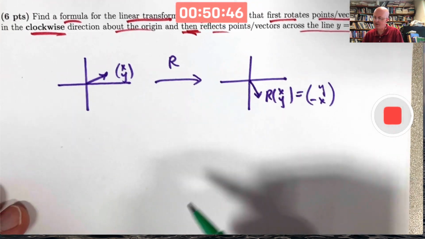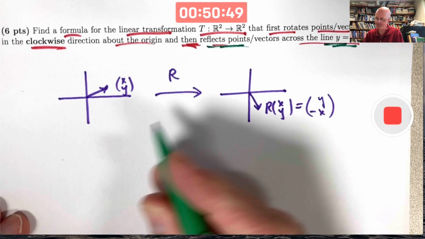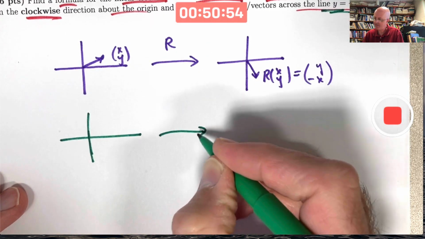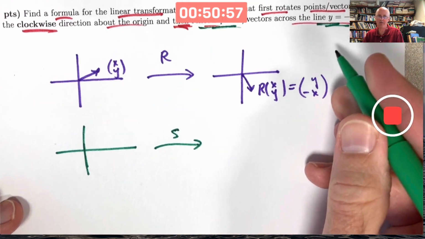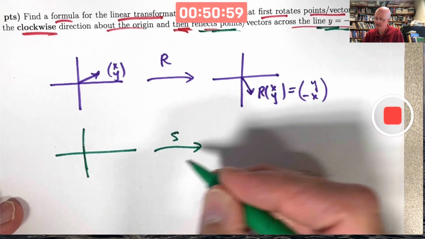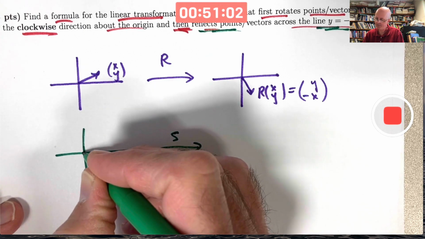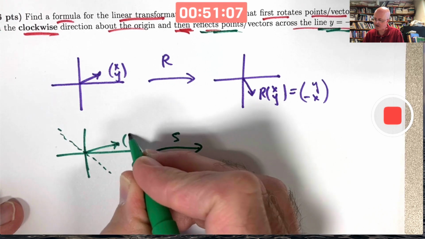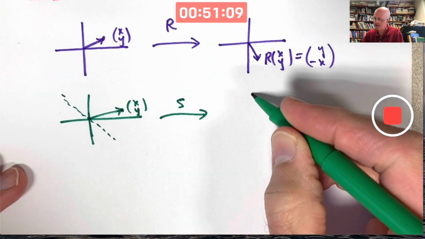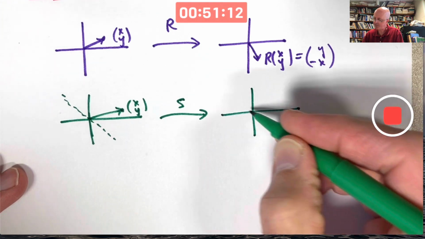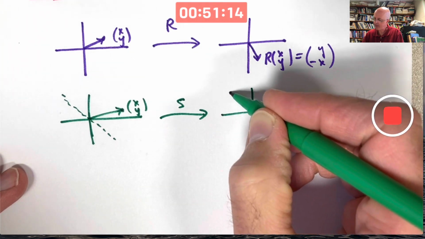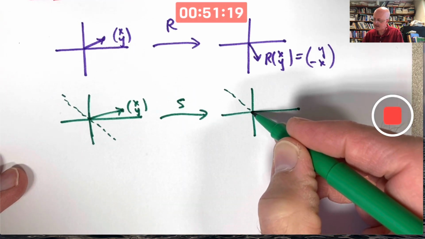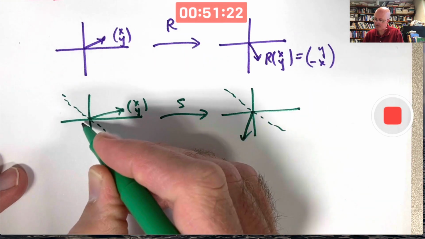If I also think about another transformation that reflects points around that line, call it S, the line y equals negative x, it's this line here. Give me an arbitrary point slash vector x y. This particular one that I drew is going to get mapped to something about like this. I could have drawn it here as well.